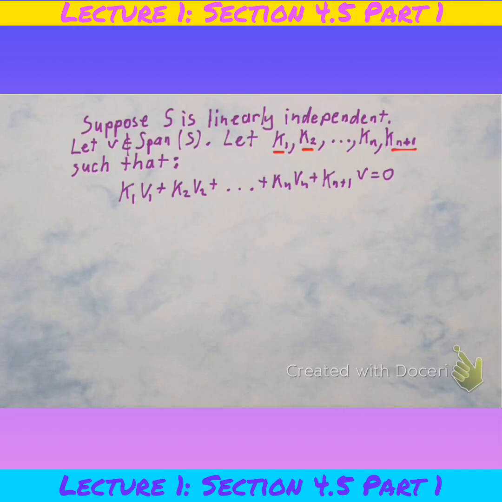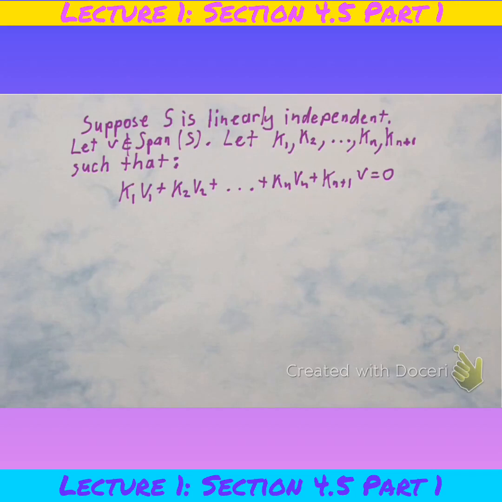We're going to take scalars K1 up until Kn plus 1 and set up this linear independence equation. So there's that equation, and now we want to know what is going to happen with these scalars.